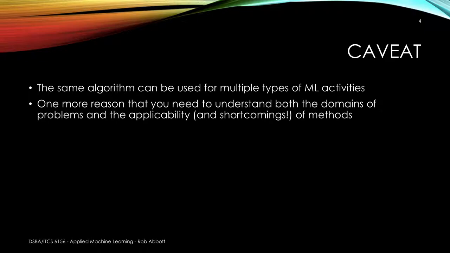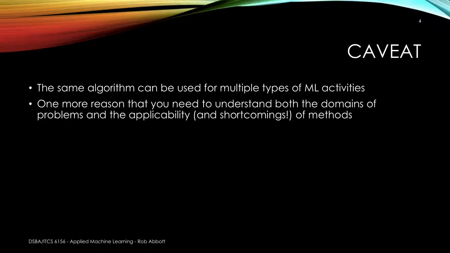You will find over time that you will use different types of algorithms for different types of predictions. Sometimes you will combine different types of algorithms in order to achieve the same result. And we'll look at this when we start talking about ensemble methods later on.